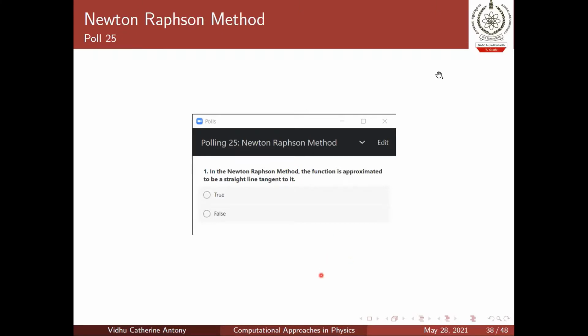In the Newton-Raphson method, the function is approximated to be a straight line tangent to it. Is it true or is it false? Please poll in your answers fast. We have 10 more slides left, so I just want to be pretty quick.